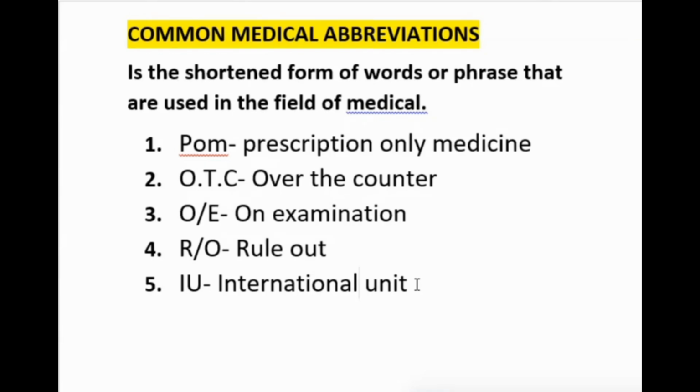International units are used for drugs that have large doses. For example, benzathine penicillin is 5 mega units, that is 5 million units, or 6 million IU. So this is what we call IU.